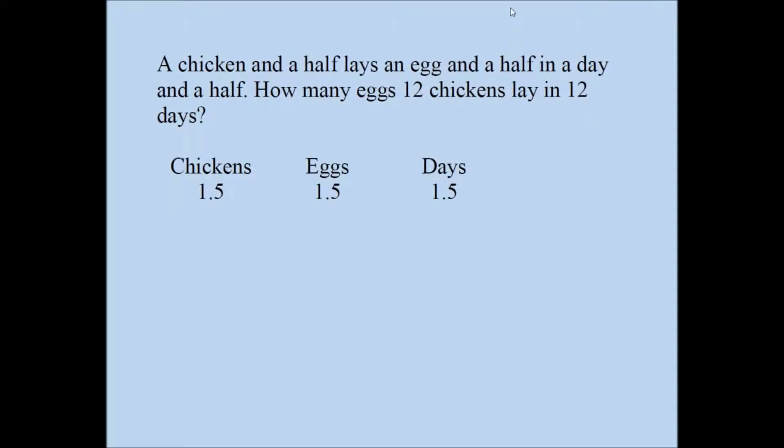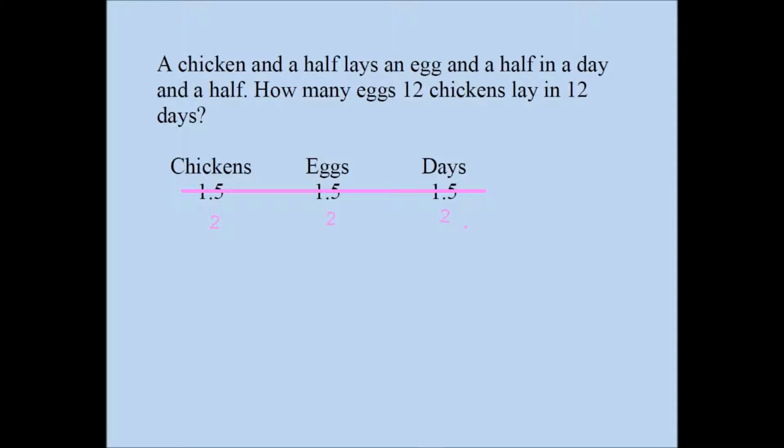So in our question we have the statement 1.5 chickens can lay 1.5 eggs over a period of 1.5 days. But before we get to our main solution, let's make sure we understand a couple of things. Let's cross out 1.5, 1.5, and 1.5. Let's say the question was 2 chickens can lay 2 eggs in 2 days.